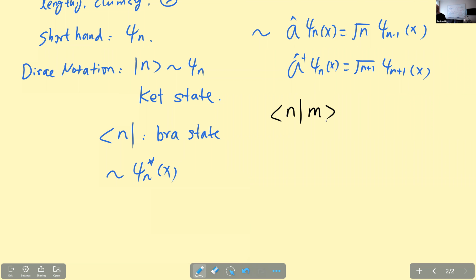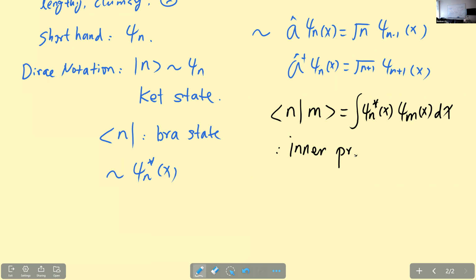Okay, so this one actually means integration. That one is called an inner product.